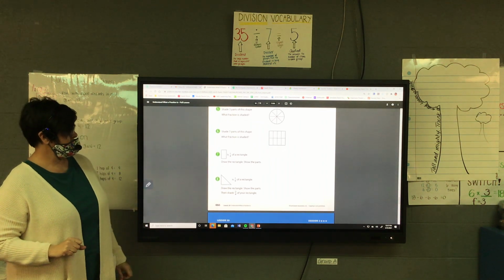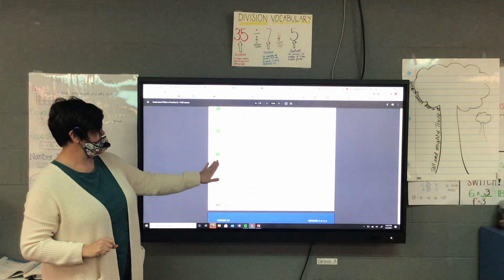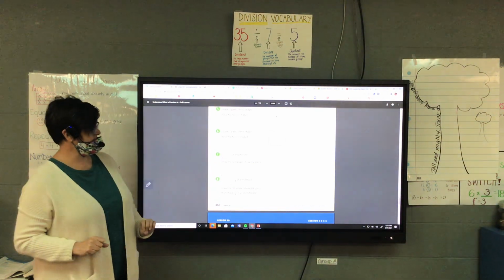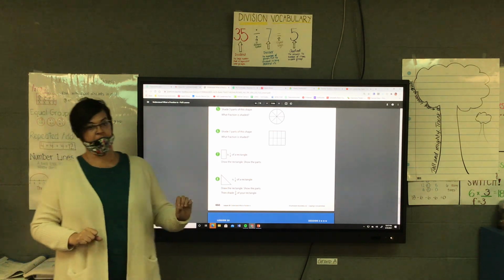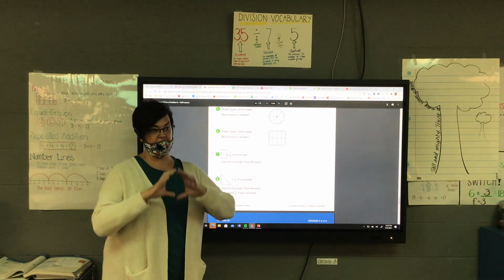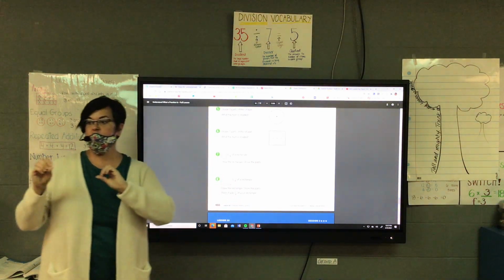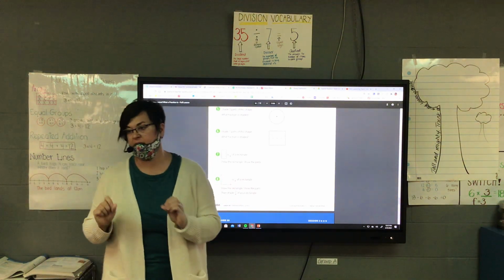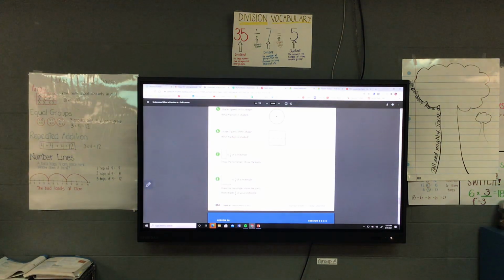Number 7. So this is 1/4 of a rectangle. So how many parts does the rectangle have in the whole thing? 4 parts. Pencils down, because you're going to have plenty of time to work, right? All right.